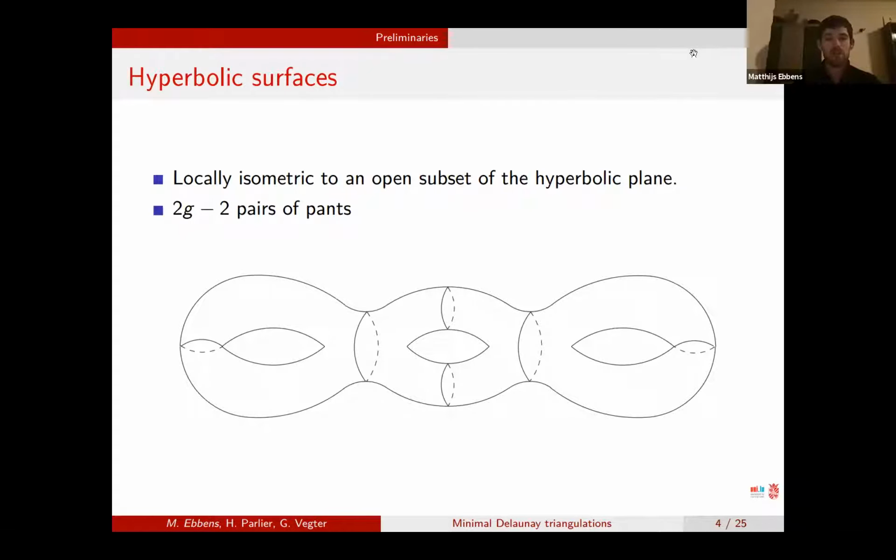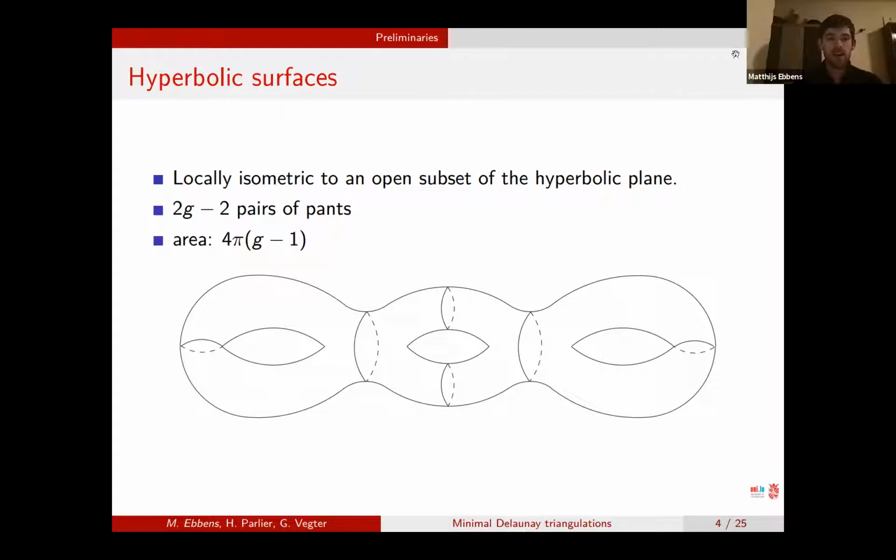So for example, in the figure, a genus 3 surface is shown, which is divided into 4 pairs of pants. So 1 here, 2, 3, 4. And each of these pairs of pants is a topological sphere with 3 boundary components.